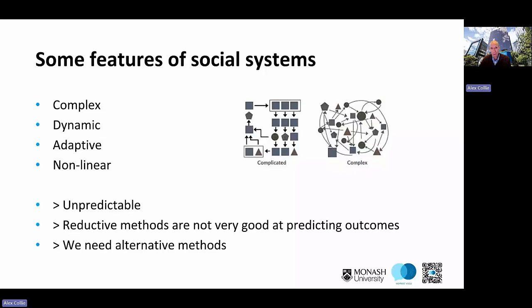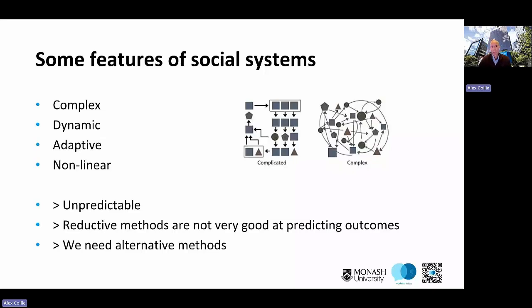If you have experience in a workers' comp system, you know the interactions between individuals in those systems change consistently and constantly. We see feedback loops, we see unpredictable outcomes. And our conventional methods of modelling, which are epidemiological methods or other similar mathematical methods, what I've generally put into reductive methods here, they're not very good at predicting outcomes in these systems because they don't take into account much of that complexity.